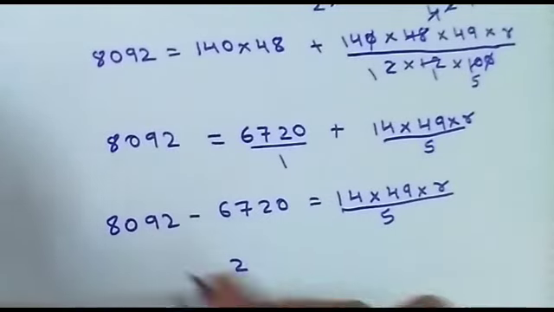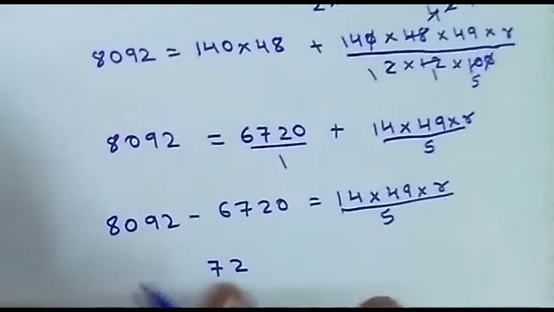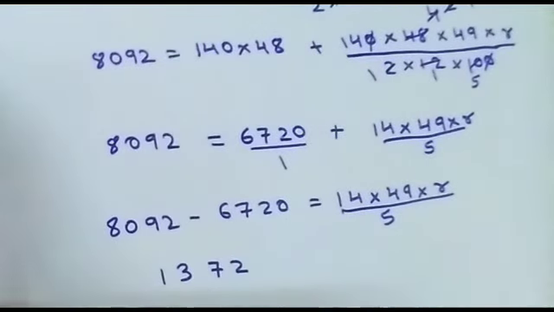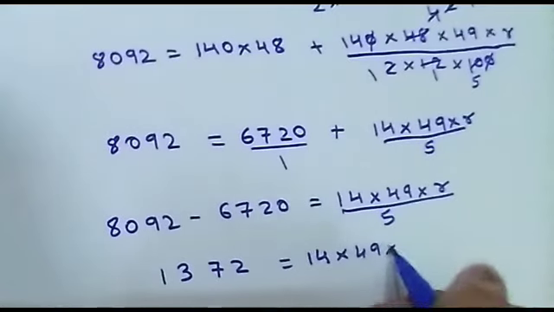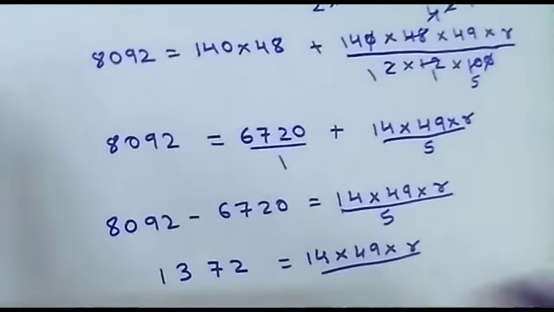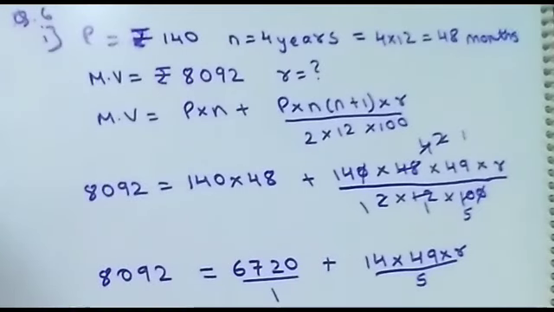So here 2, 9 minus 2, 7, then 7, 0. So 1372 equals 14 into 49 into R upon 5. So now 5 will go in multiplication, and 14 and 49 will go in division.